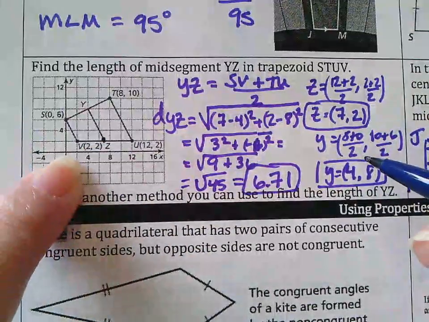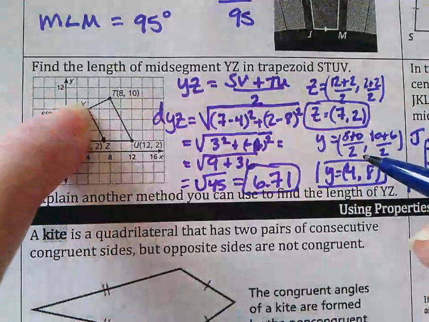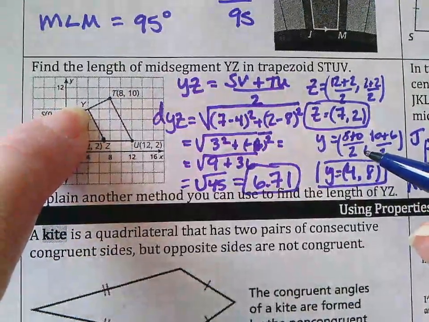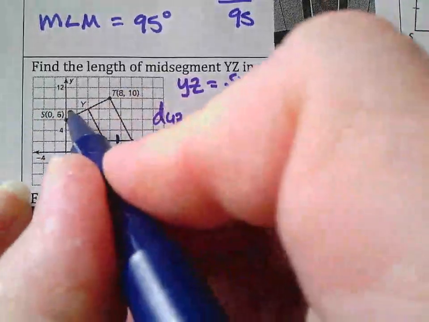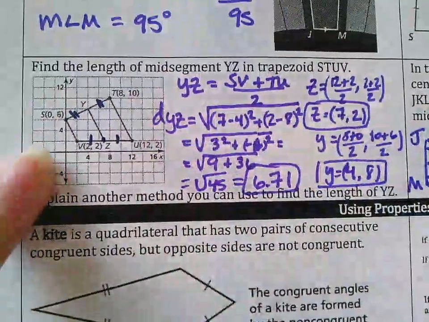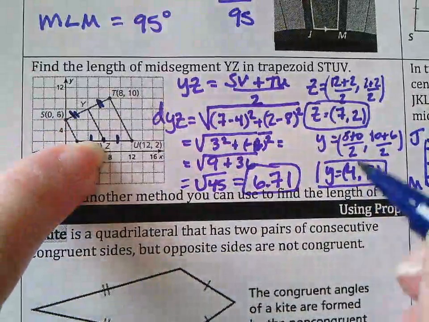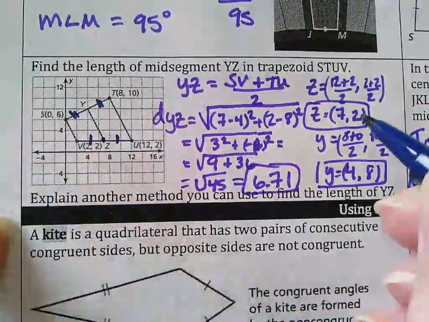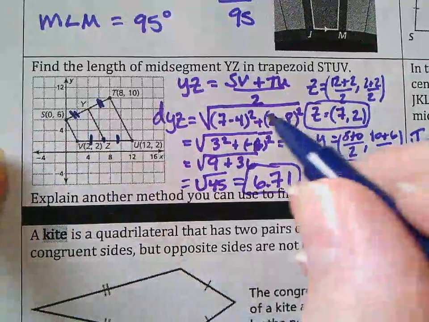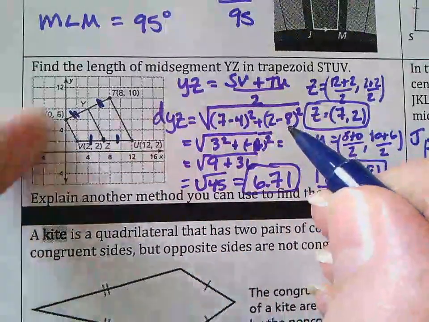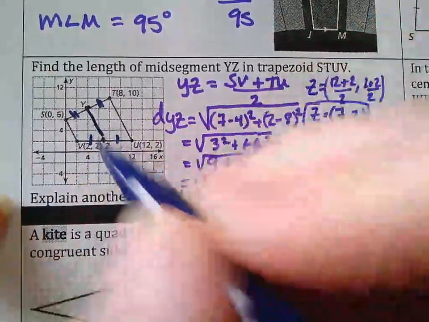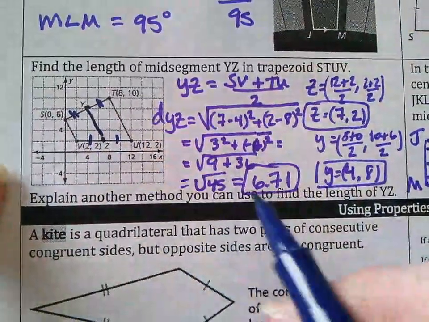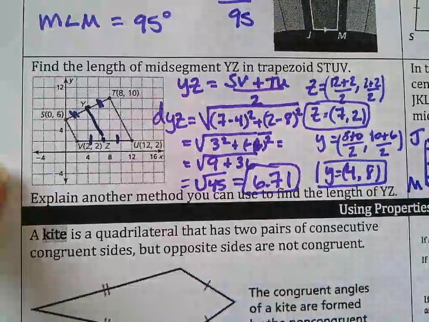Then I'm going to go to here, and I'm going to do the same exact thing to find this point right here. Use the midpoint formula because this is midway. So this is midway, and this is midway. So I use that, find the midpoint, get my answer, and then I take these 2 points, use the distance formula to find out how long that segment YZ is. And it's 6.71 units.